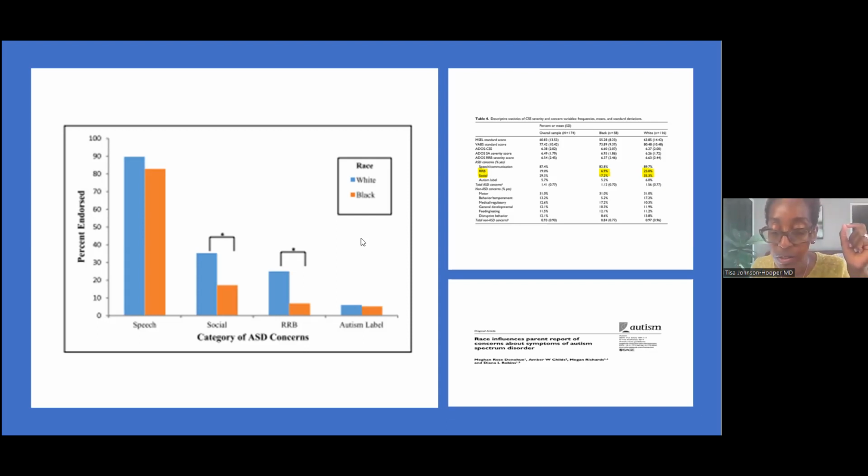Parent underreporting of concerns specific to autism symptoms definitely may contribute to providers missing symptoms of autism and may influence their decision about whether to administer an autism-specific screener or even make a referral for evaluation. Parent concern is not the sole factor influencing this disparity, as we really do have to consider the role of provider bias, as well as the quality of that provider and caregiver interaction, that communication that influences decisions to make the referral for further evaluation.